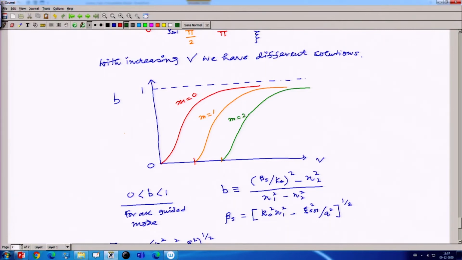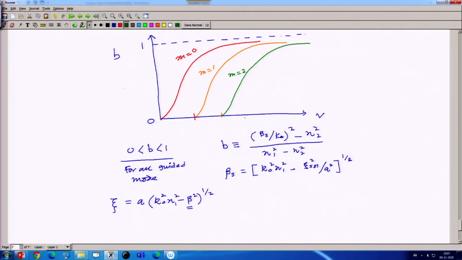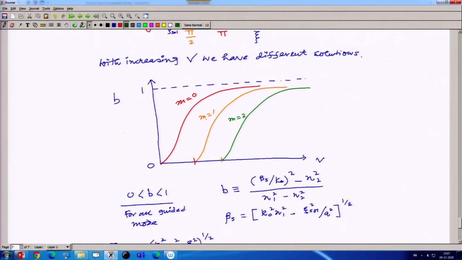These are the branches. Now, different modes are associated with them. So, it is interesting if I draw that side by side, how the mode will look like. So, okay, let me erase this.